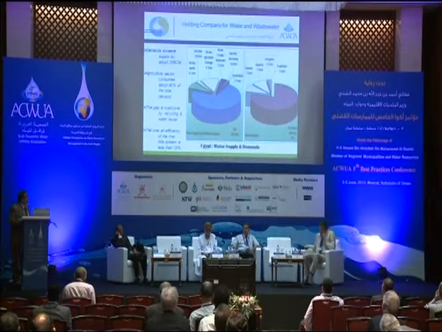The overall efficiency of the River Nile system is less than 70%. The figure in front of you explains exactly the situation in Egypt, starting from early in the 18th century till the year 2025. And you see the decline of water share.